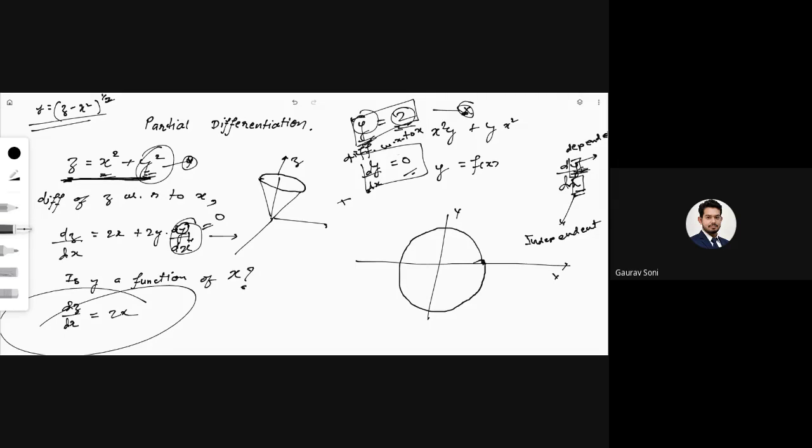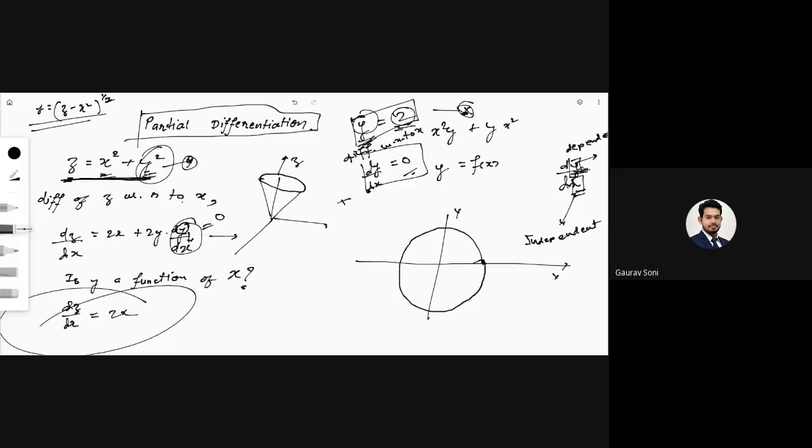So, even if it is possible to write down y as a function of z and x, or x as a function of z and y, I'm not considering that case. What I'm right now considering is if x and y are totally independent of each other, in that case our partial differentiation comes into picture.